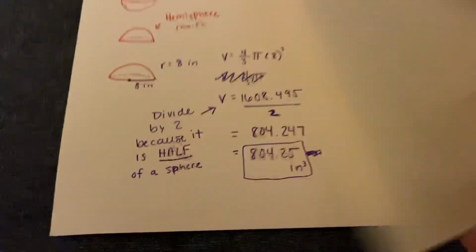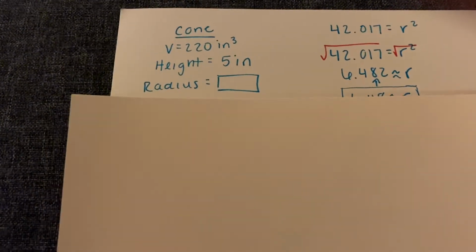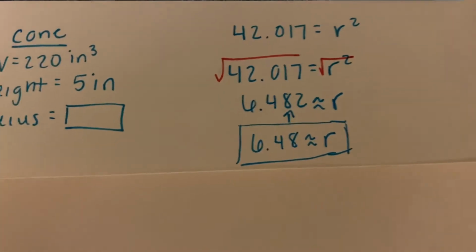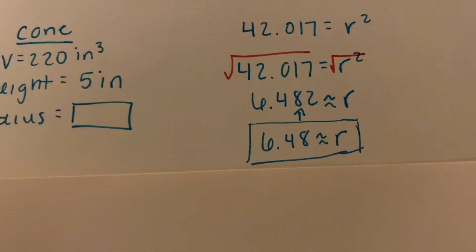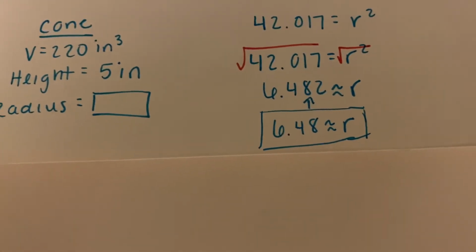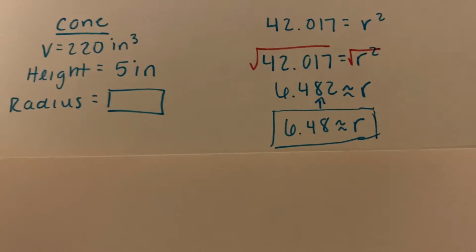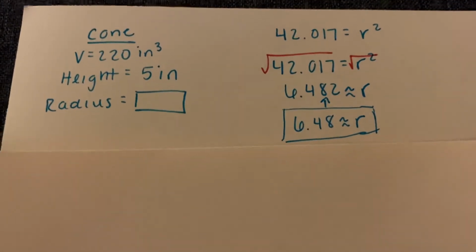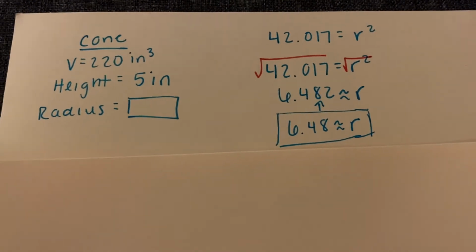So if we look up here now, this is the same information. The square root of 42 and 17 thousandths is 6.482, and then it rounds to 6 and 48 hundredths.